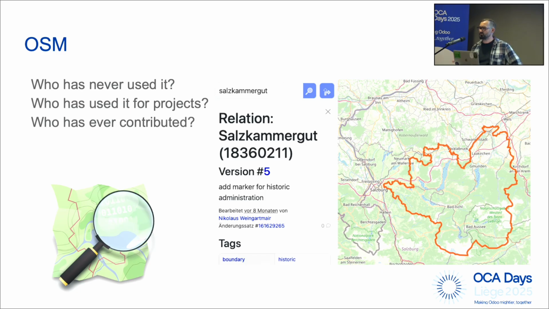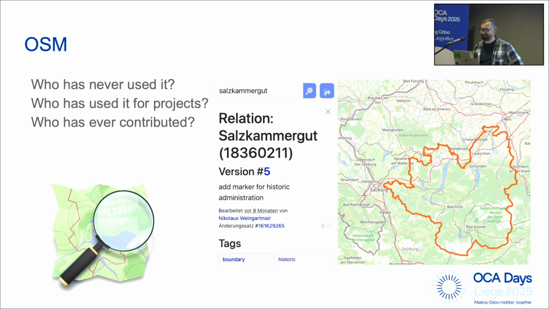Anybody ever used it for personal project or programming projects? Okay, cool. So maybe the rest of the talk will be a little bit boring for you, but I try to give a short introduction to it. Another question, how many have actively contributed to OpenStreetMaps, like putting in some data?